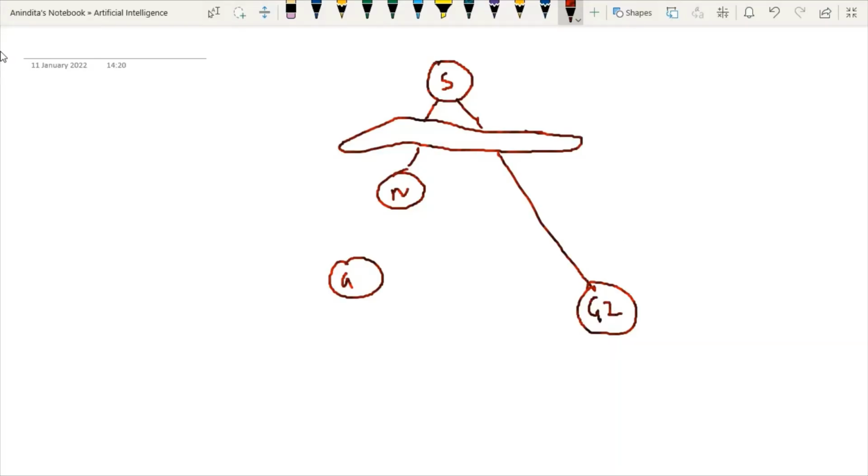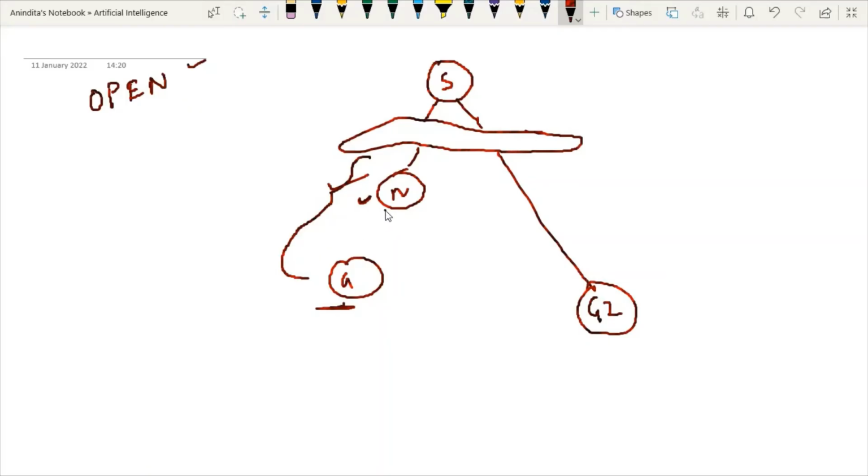Now here consider a node N on the open list. So we will have the open list and consider the node N on this open list on an optimal path to G. So this node N exists on the path of the optimal goal.